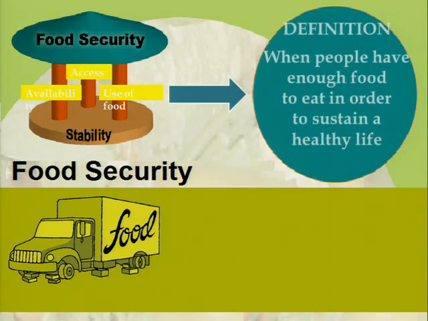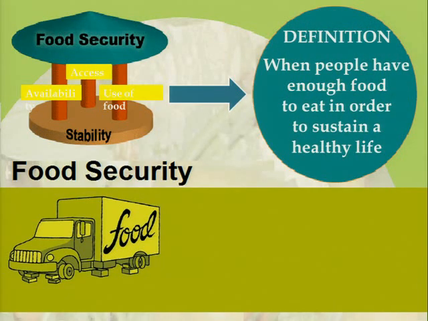It is when people have enough food to eat in order to sustain a healthy life. That is what we call food security. What does it include? Food security includes that people need to have access to food. Food has to be available, and people have to be able to eat, to use the food, basically. And then we say there is food security.